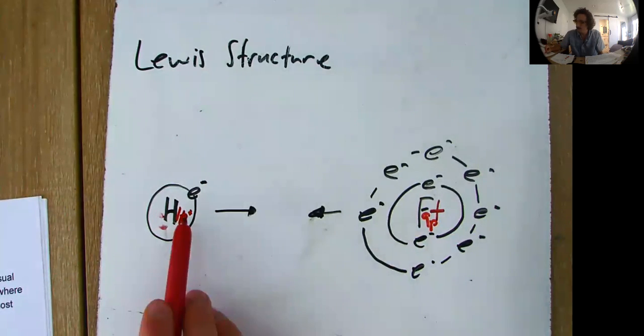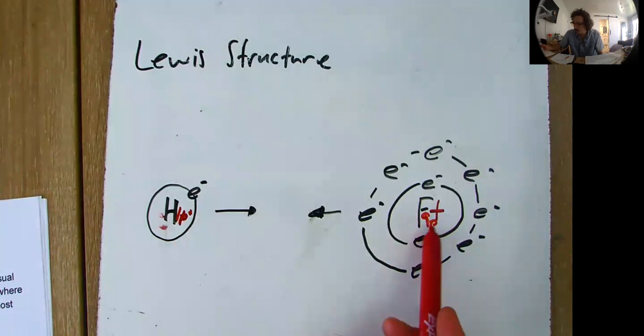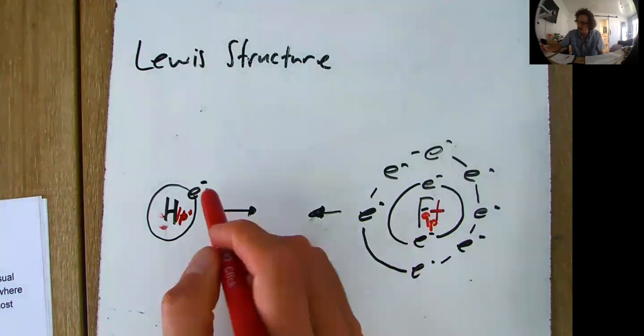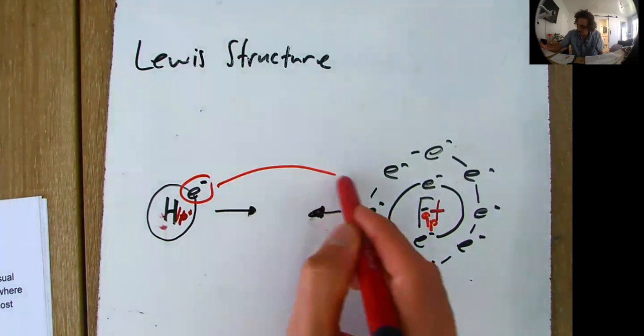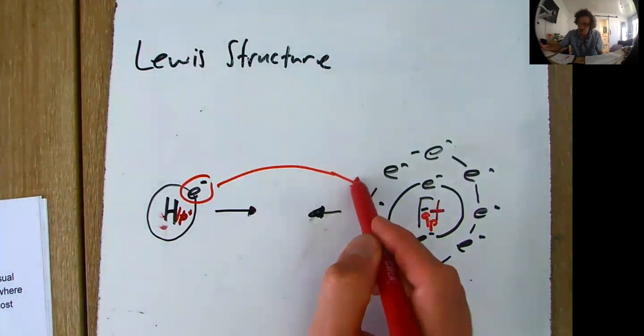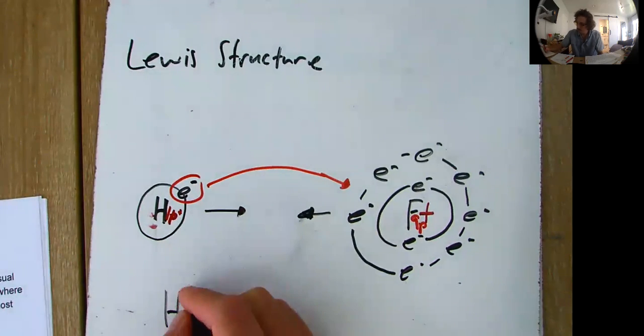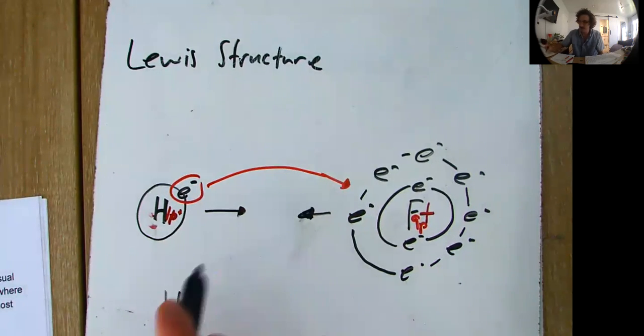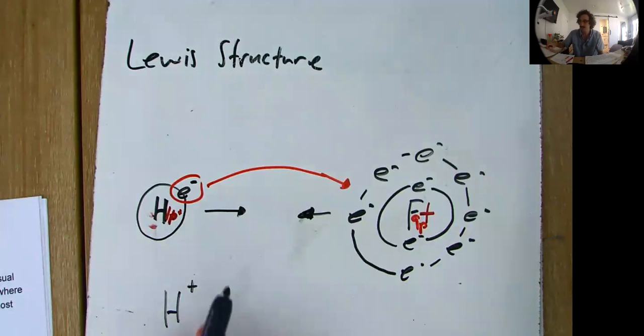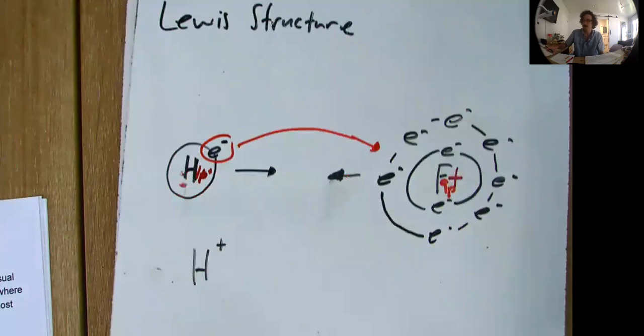Okay, so what ends up happening is fluorine's 9 magnets, like 9 positive charges, ends up snatching away this electron, and that electron moves over there, and you end up getting hydrogen with just a positive charge because it's only a proton now. There's no more shells on hydrogen.